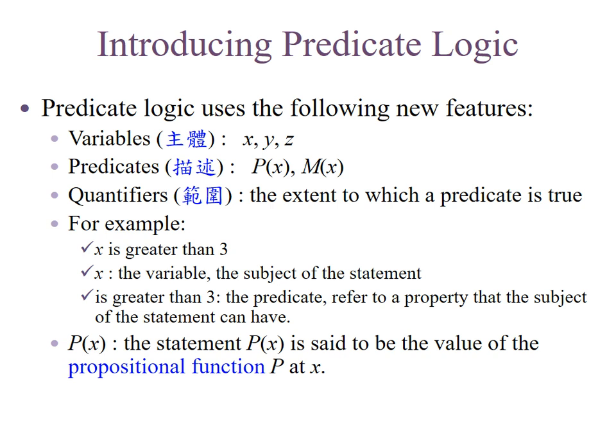Okay, so let's see an example of how we propose predicate logic. Once we have the sentence x is greater than 3, you can see x is a variable or subject, and then we have the declarative sentence, is greater than 3. Okay, that's our predicate.